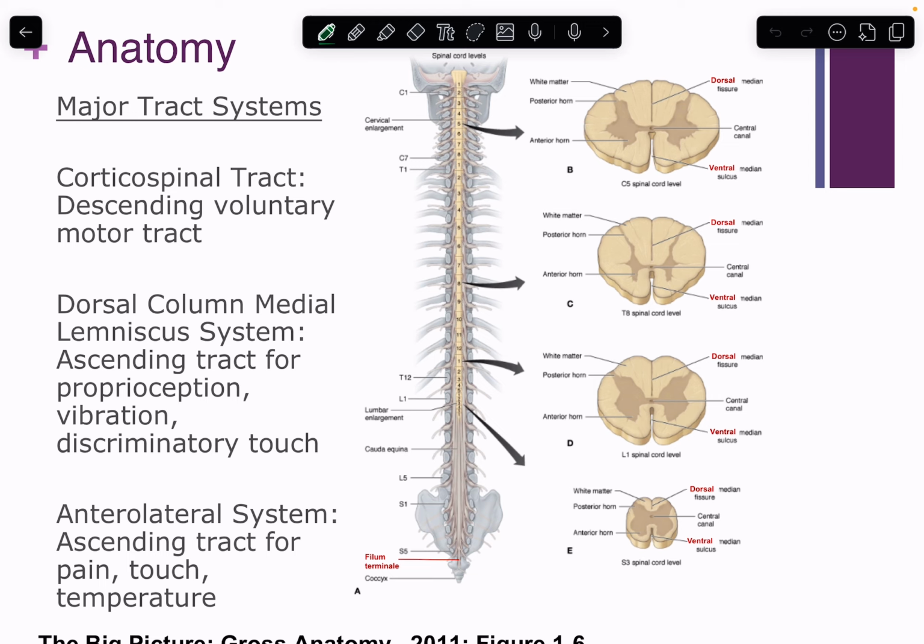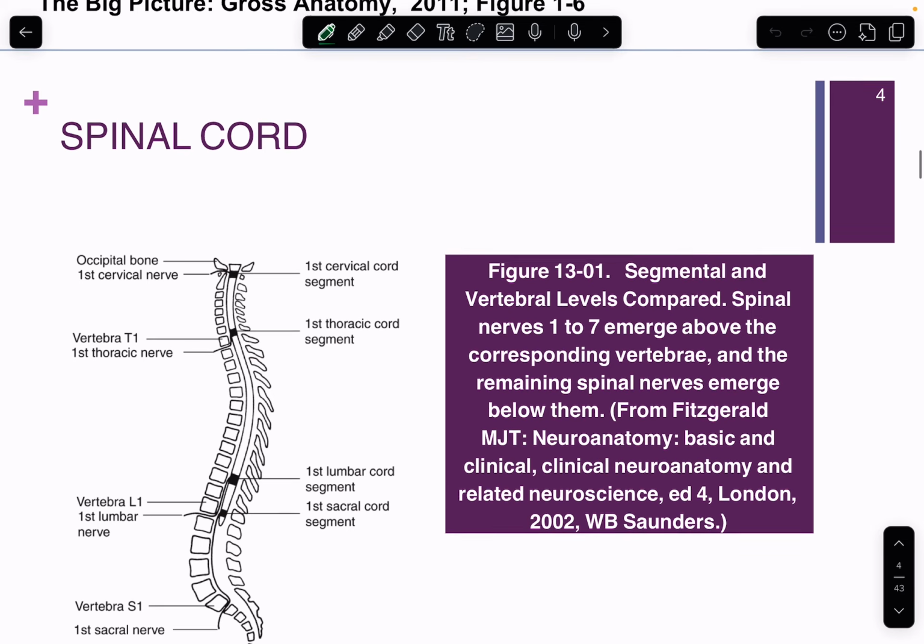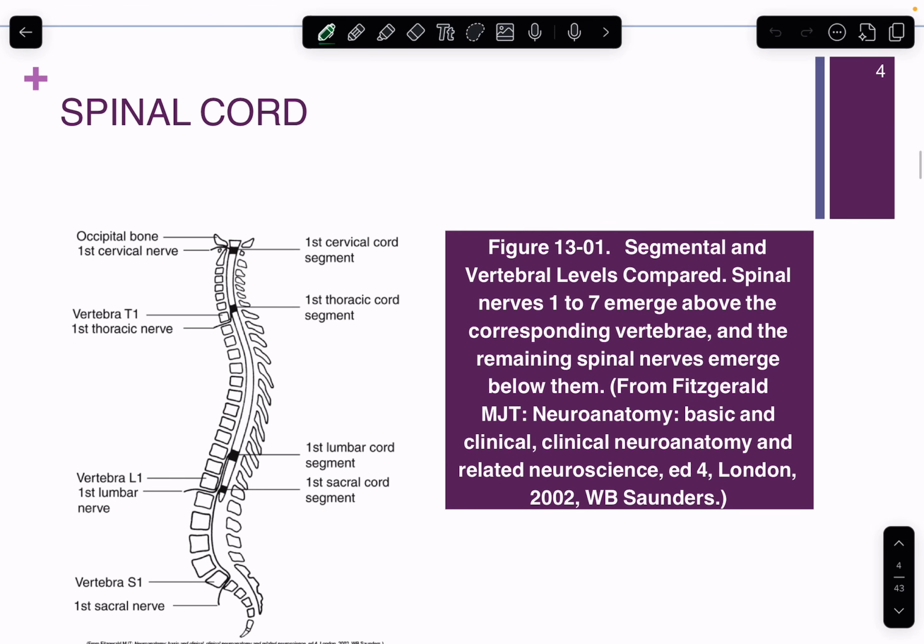So, next, we're going to discuss the spinal cord. Let's talk about what is shown here: segmental and vertebral levels, compared between the first cervical, first thoracic, first lumbar, and first sacral cord segments.